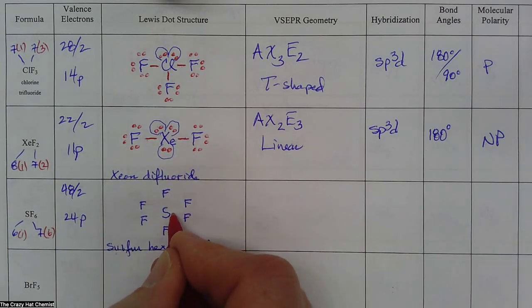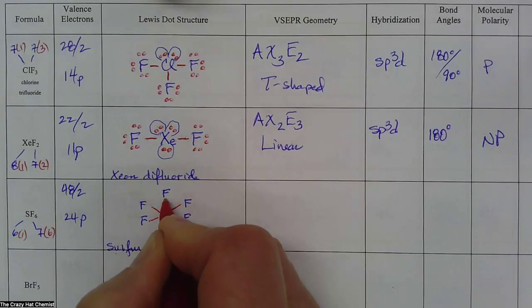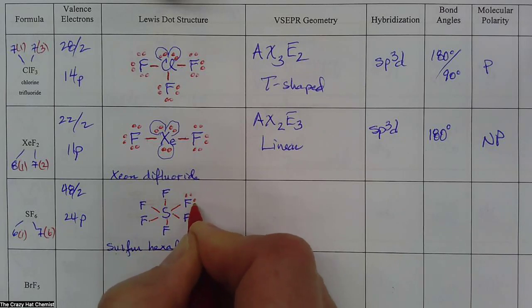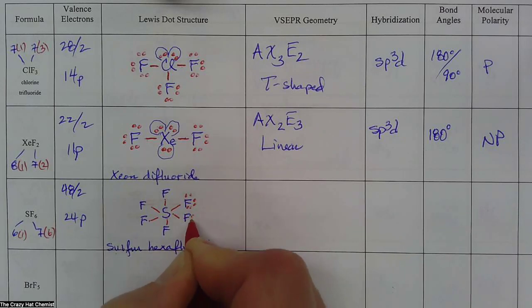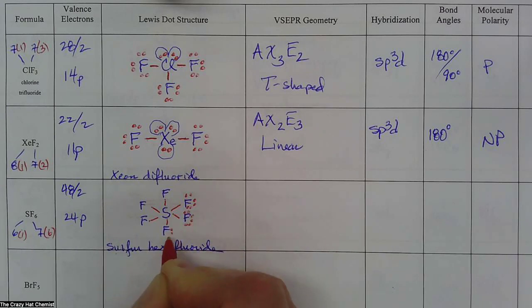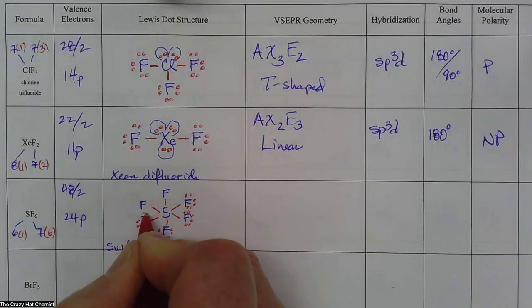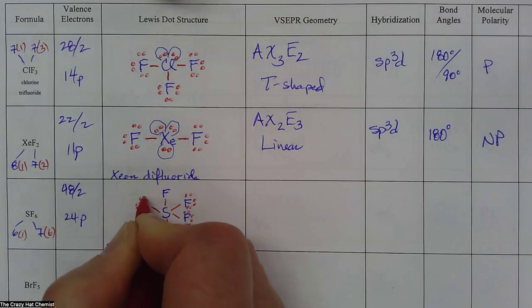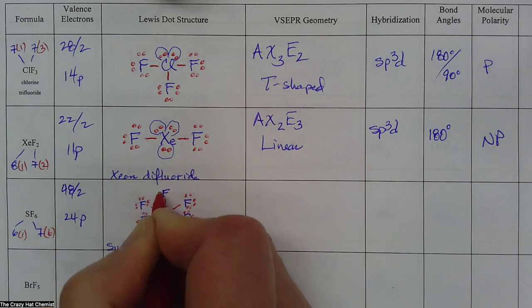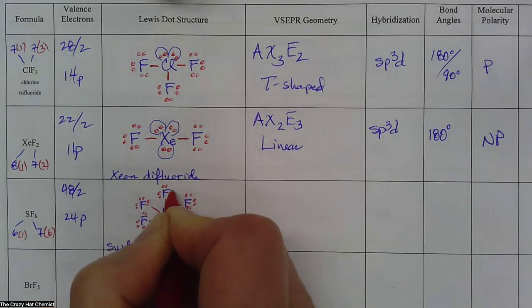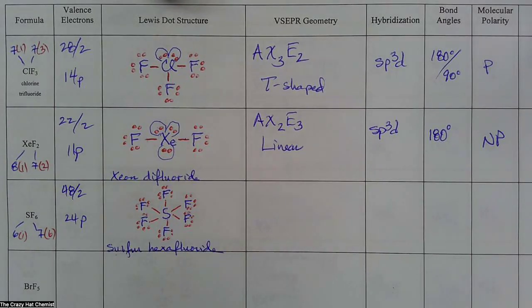So here we go, 24 pair. That's 1, 2, 3, 4, 5, 6, 7, 8, 9, 10, 11, 12, 13, 14, 15, 16, 17, 18, 19, 20, 21, 22, 23, 24.